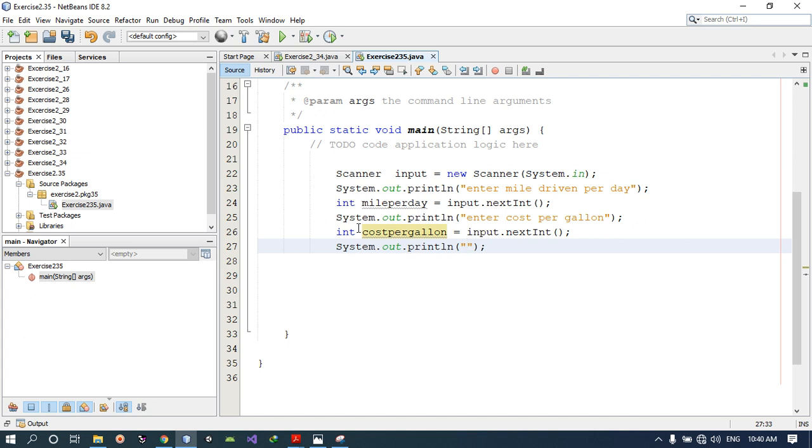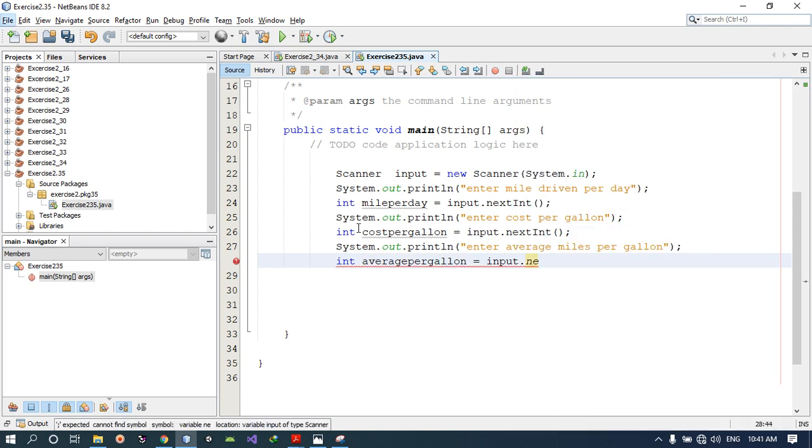So let's enter it into average miles per gallon. Let's take the input: average miles per gallon equals input.nextInt.